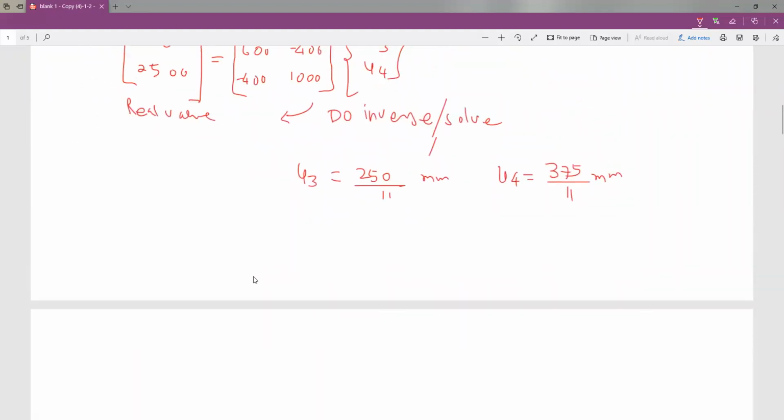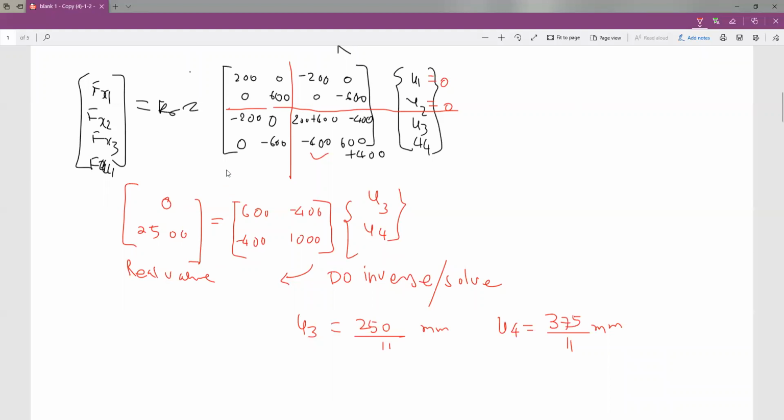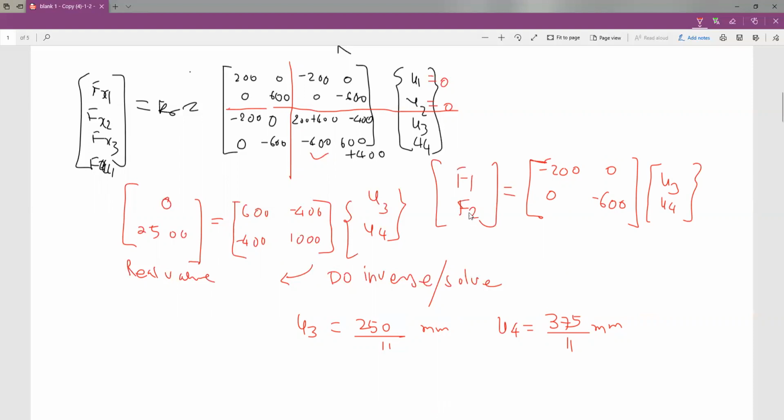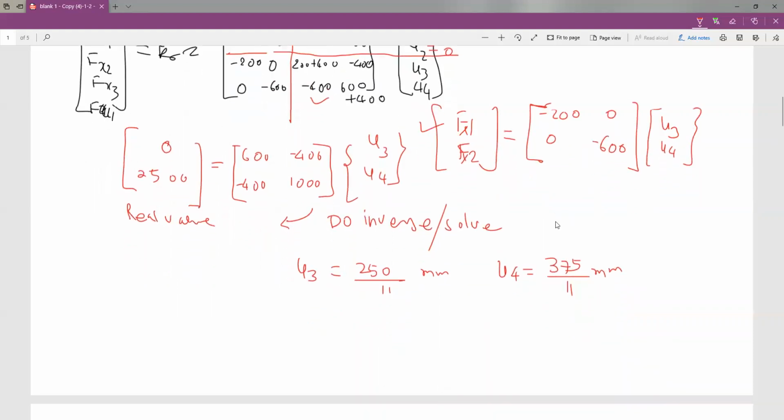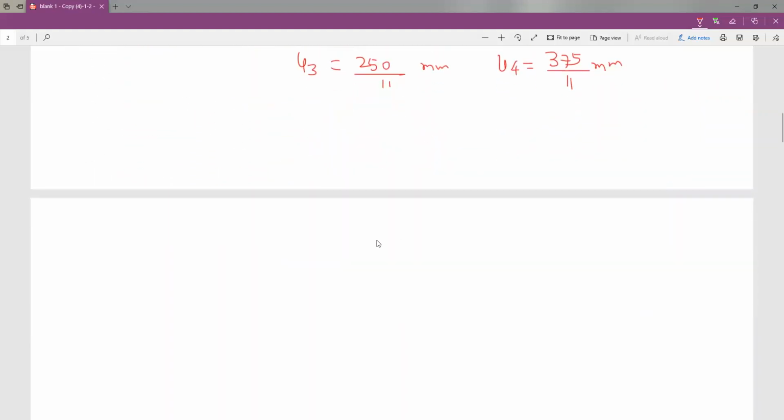Now it is also possible for us to determine the reaction. I told you how we can utilize that equation. The non-zero terms, you can see here the minus 200, 0, 0, minus 600, this matrix, times U3, U4, and on the left hand side Fx1 and Fx2. So Fx1 and Fx2 are the unknown reactive forces. And we can substitute the U3, U4 values there.